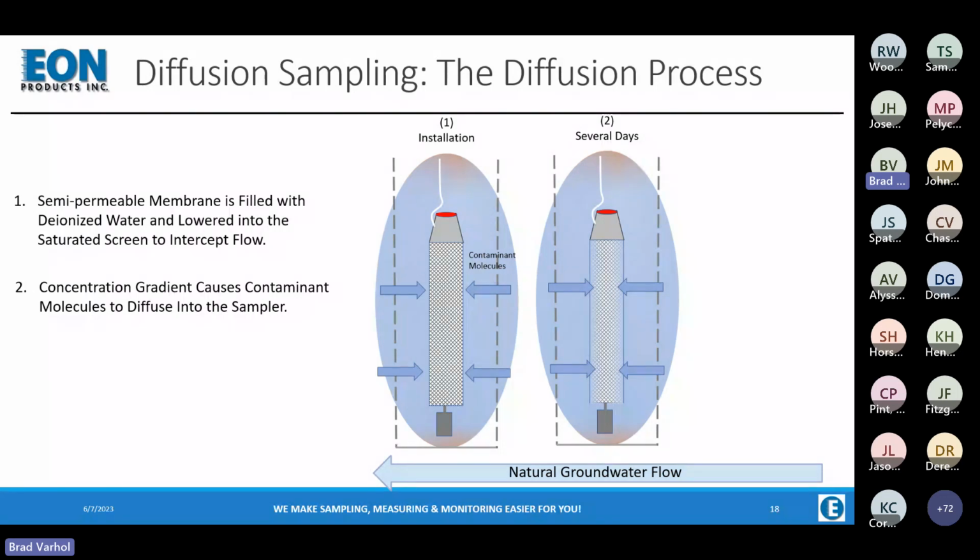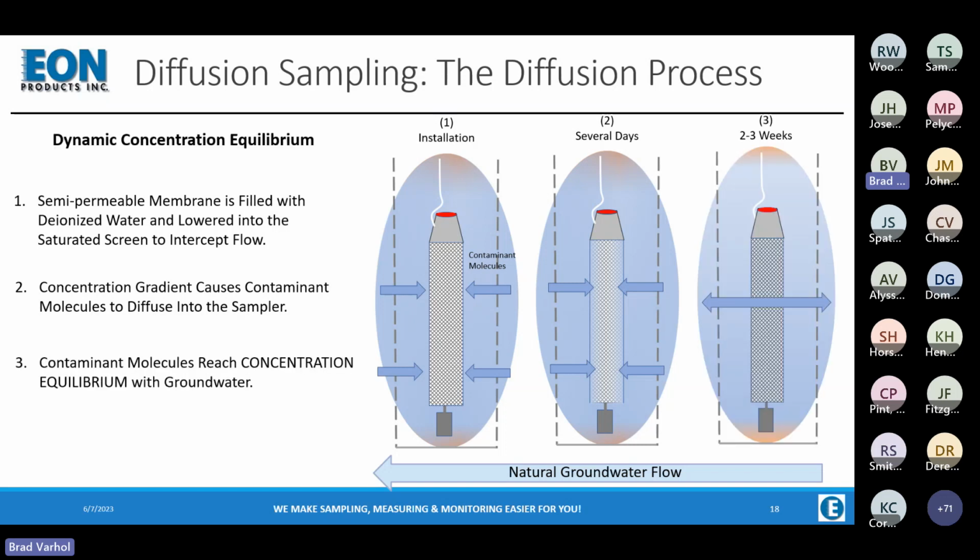So in this case, the concentration gradient is higher on the outside of the sampler, lower on the inside, and the pores provide a pathway to get into the sampler. So those molecules diffuse into the sampler over time. And after what we call the minimum residence time, the contaminant molecules reach a concentration equilibrium, the same concentration inside the sampler as in the surrounding water.